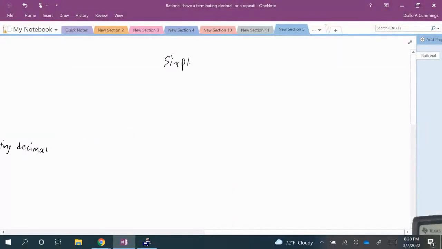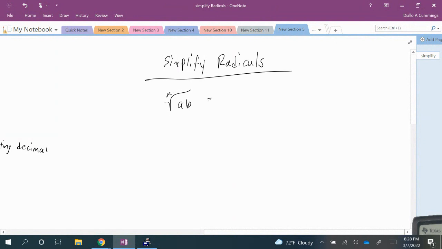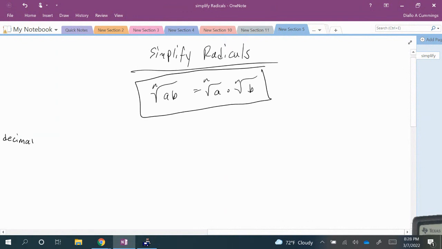This is to simplify radicals. It says that the nth root of a times b is equal to the nth root of a times the nth root of b. This formula can also be used in reverse.